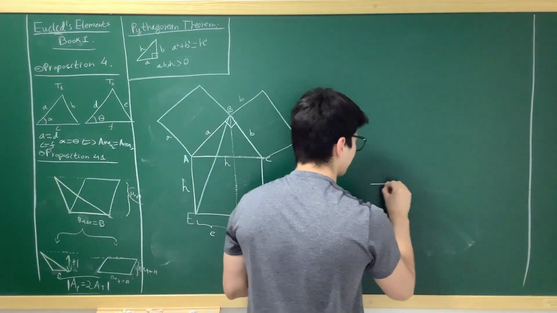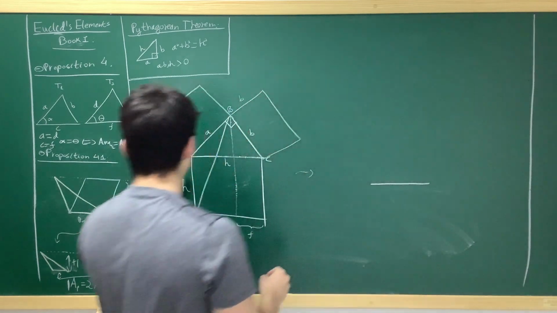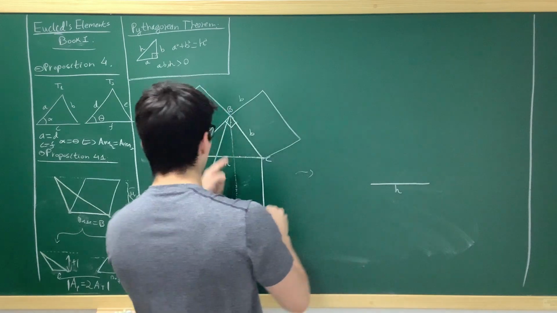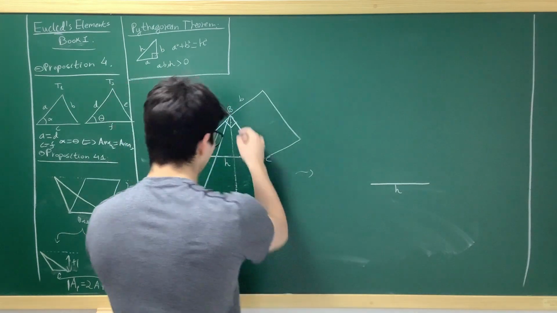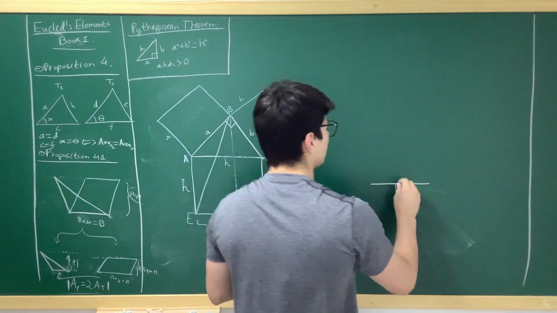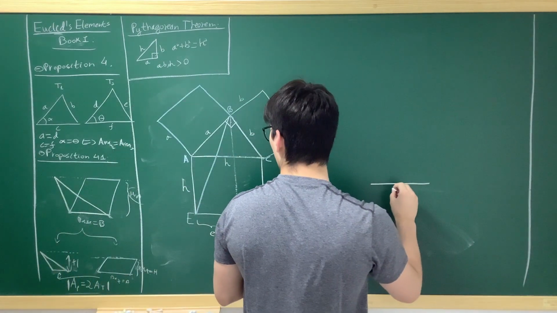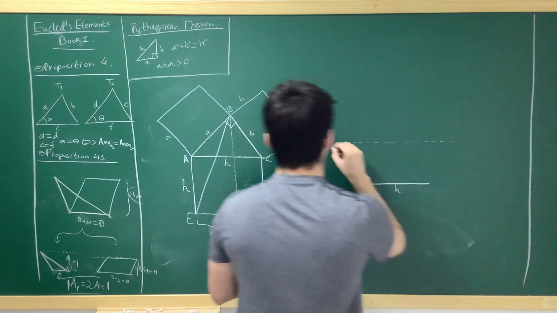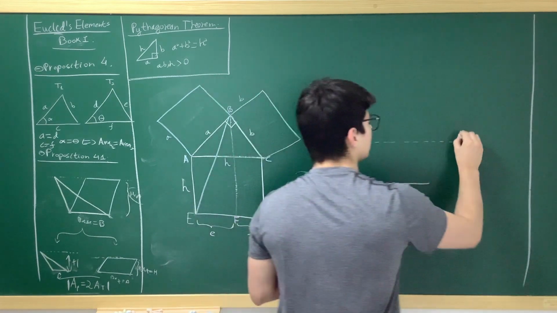So we have this base, but this base has a length H, and we have a parallel line here, which is going from B to what we'll call F, capital F. So we have a line going from B to F.